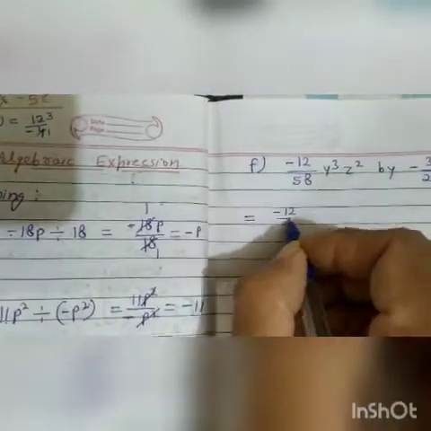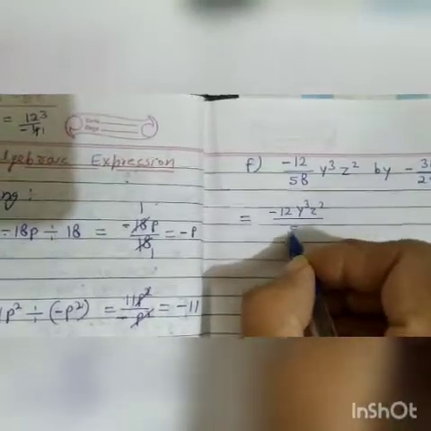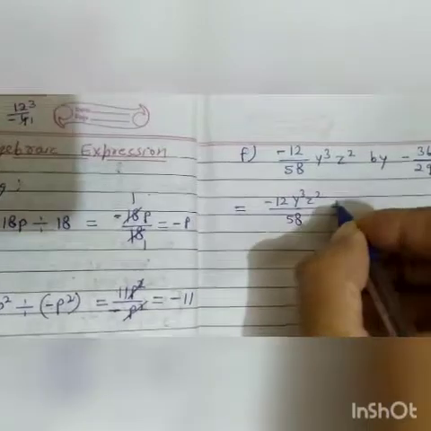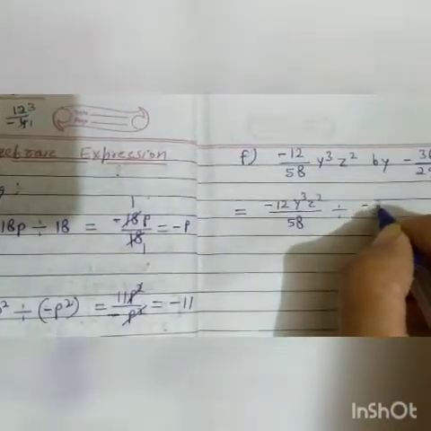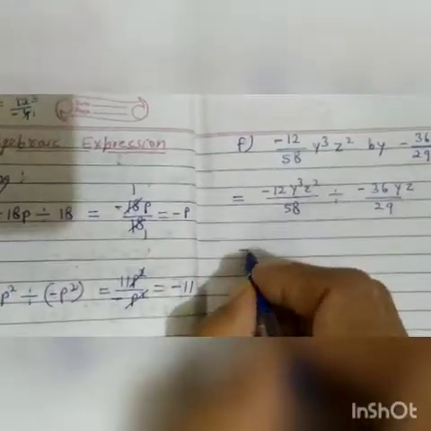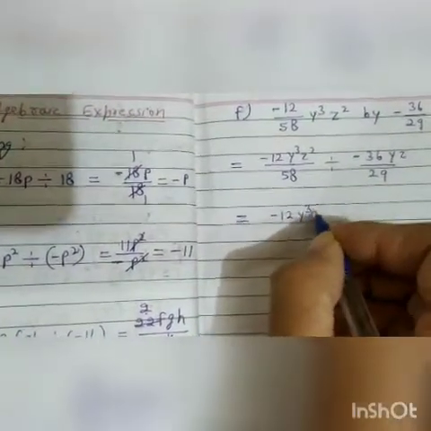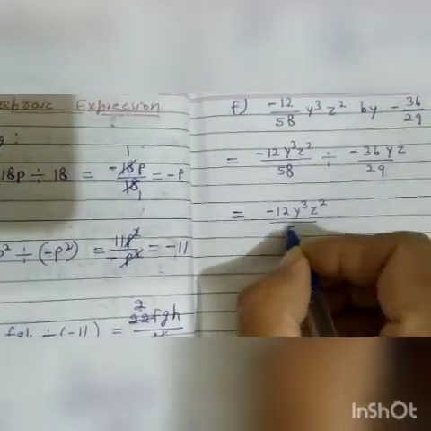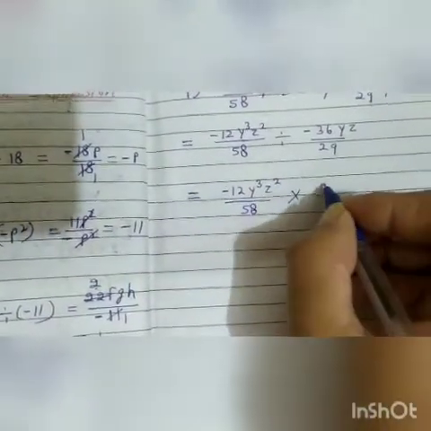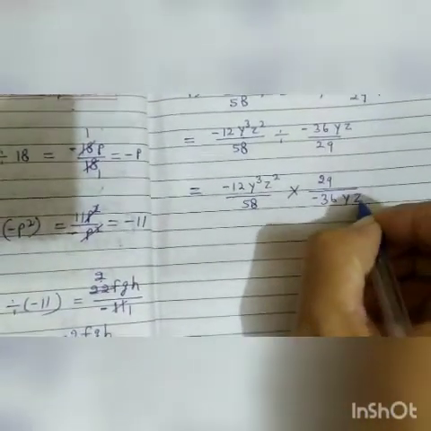We have to divide minus 12 y cube z square upon 58 by minus 36 yz upon 29. Then minus 12 y cube z square upon 58. Change this division into multiplication. Then the reciprocal, 29 upon minus 36 yz.